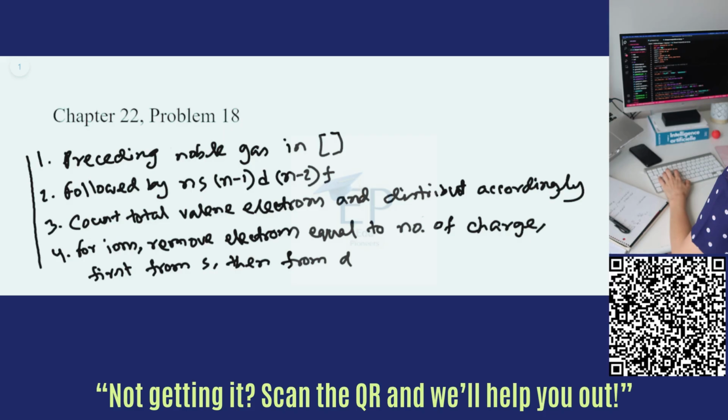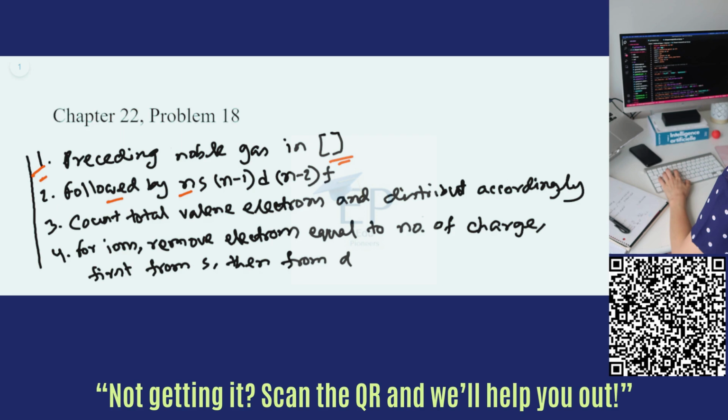So first of all, we need to find out the preceding noble gas, that means the noble gas that precedes the element or the ion we are going to write down the electronic configuration for, and we have to put that noble gas in a square bracket, followed by we have to identify the principal quantum number of that element or ion, and the principal quantum number is basically the period number or the number of the row in which the element resides in the periodic table.